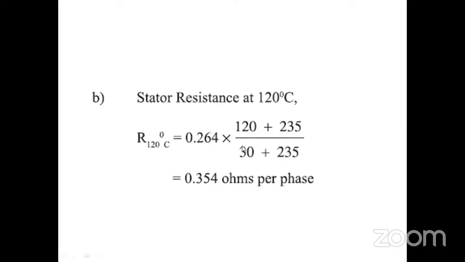Positive temperature coefficient means resistance increases with increase in temperature. The numerator will be having that higher temperature, and denominator will be having that room temperature. So what we get? 0.354 ohms per phase.